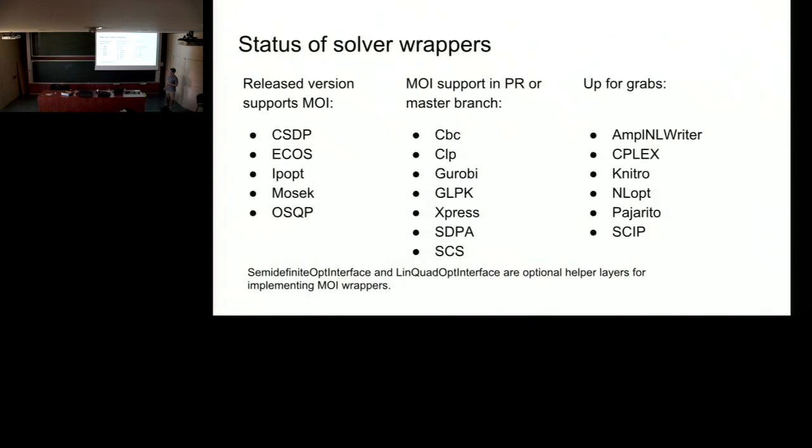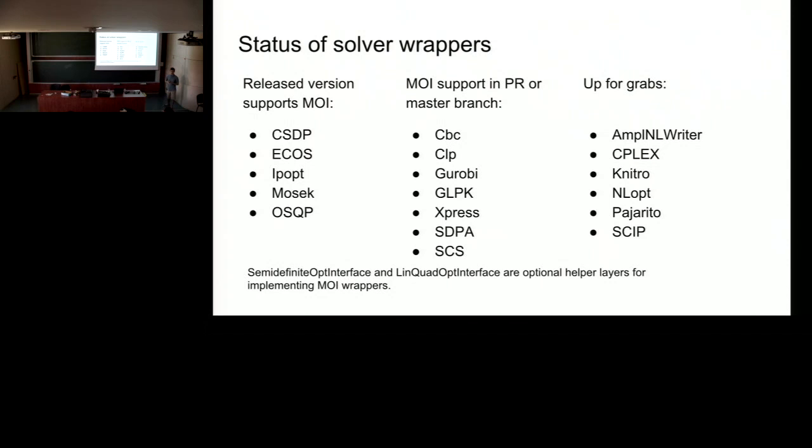In terms of which solvers, the next version, JuMP 0.19, will not support MathProgBase. It will not be able to communicate with solvers that implement MathProgBase, only with MOI. What we have done so far, I'll separate into a few categories. We have some solver wrappers that are already released, as in the Julia version is tagged.